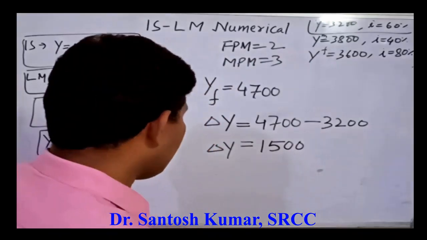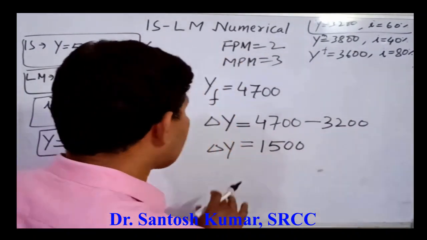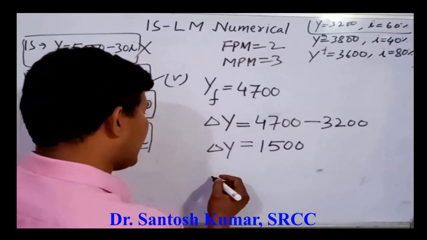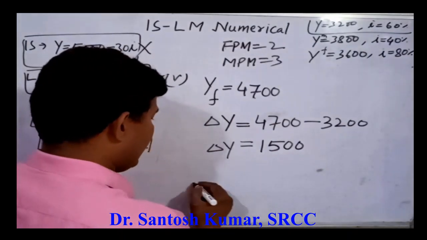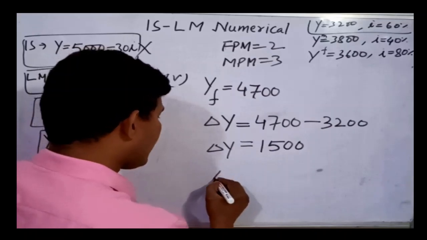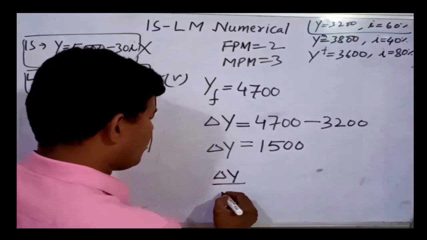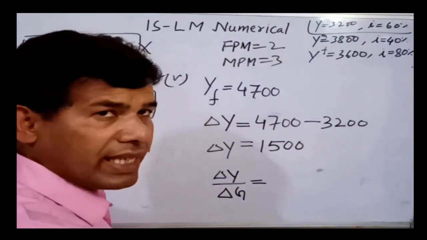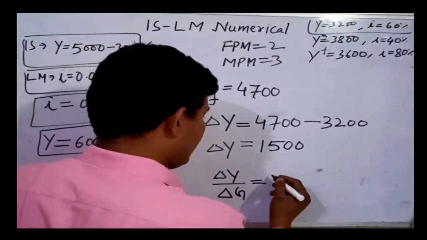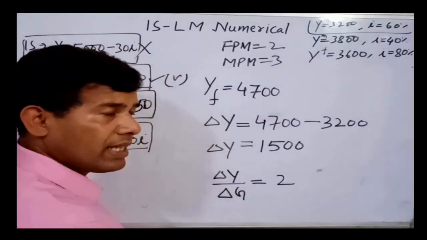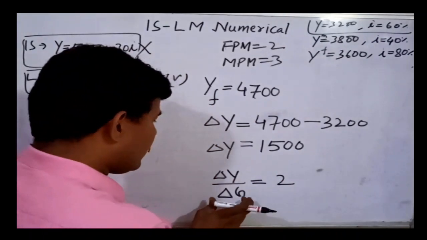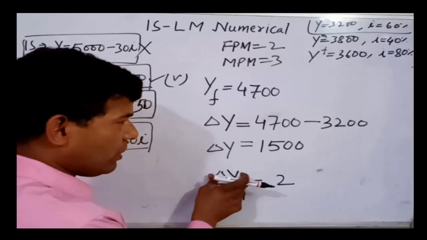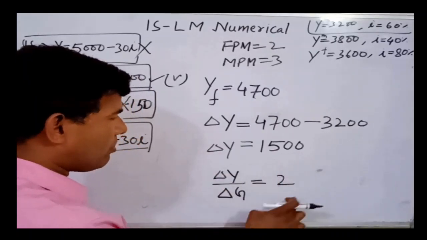Nobody is unemployed. Now how would you calculate? We can calculate with the help of the fiscal policy multiplier. The fiscal policy multiplier is the change in output upon change in government expenditure, and we have already estimated it as 2. Now the required change in government expenditure for a given delta y, which is 1500, we can calculate on the basis of this equation.